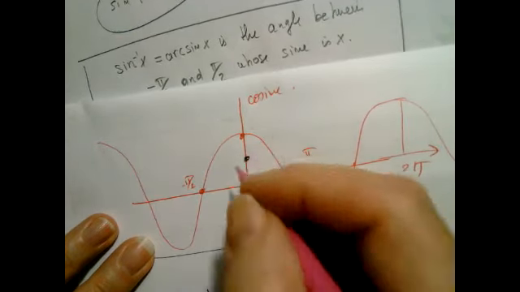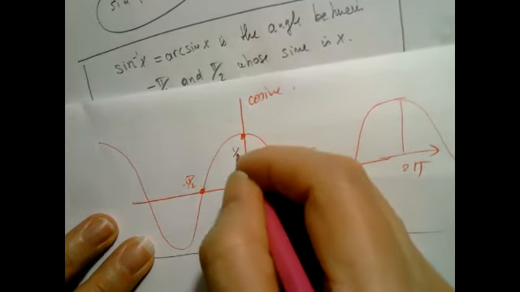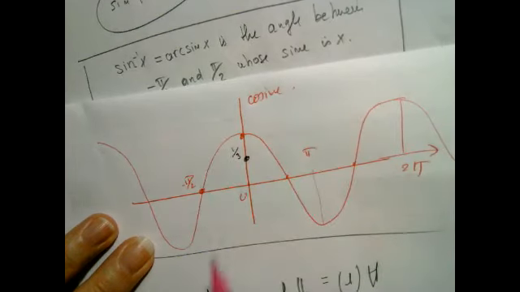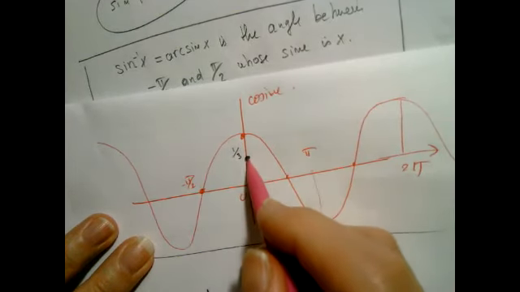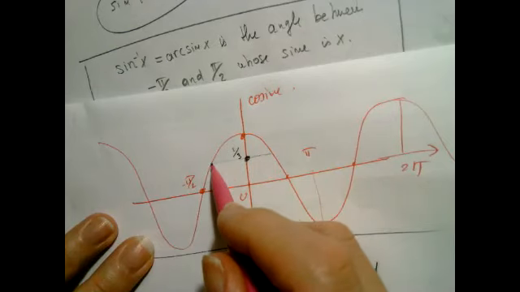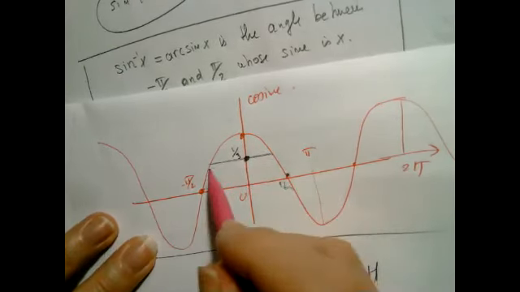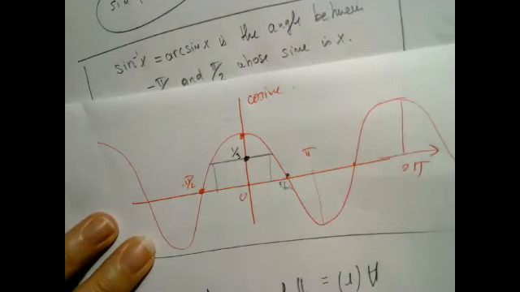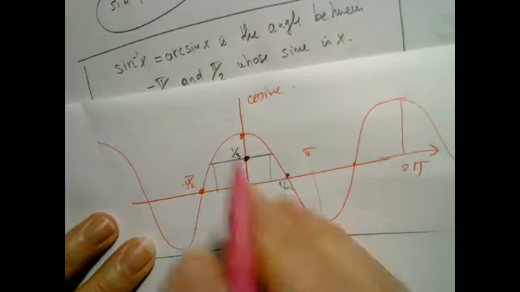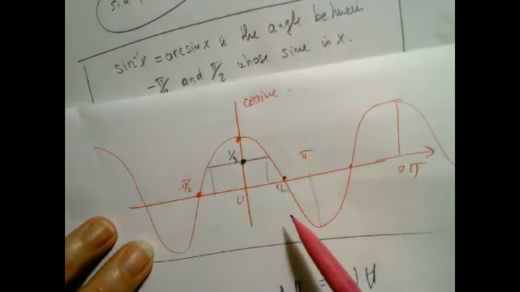Suppose I want the cosine inverse of something. Let me call it 1/3. And I want the angle whose cosine is 1/3. Now, between minus pi over 2 and pi over 2, there are two angles whose cosine is 1/3. The cosine inverse has to give me one of them.